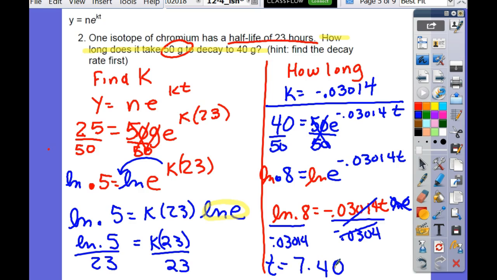What is it? This one is hours, so this one is hours.